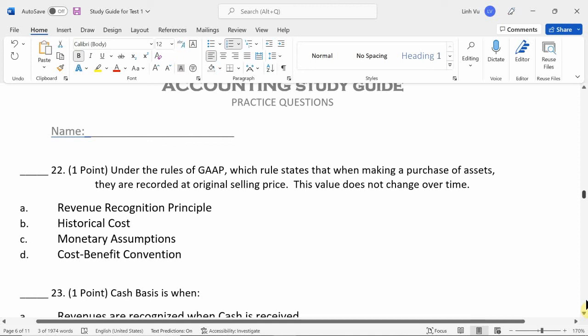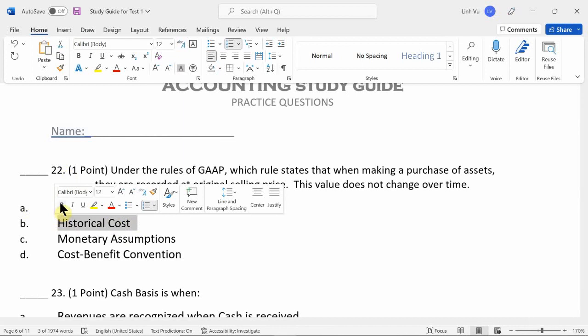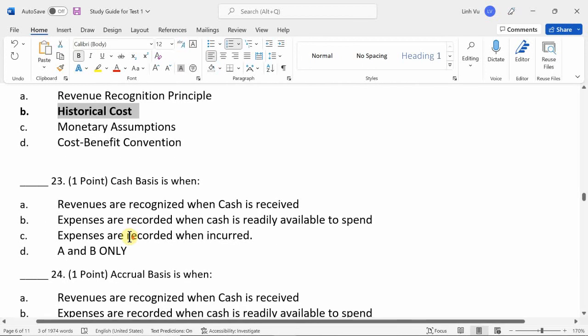This one is an example of historical cost, right? Because when you're purchasing an asset, you need to record it at the original selling price, its fair market value at the time that you purchase it. And it stays the same in your books throughout however long you have that asset. So in this case, this is historical cost. It doesn't recognize gain or any losses until you get rid of the item.